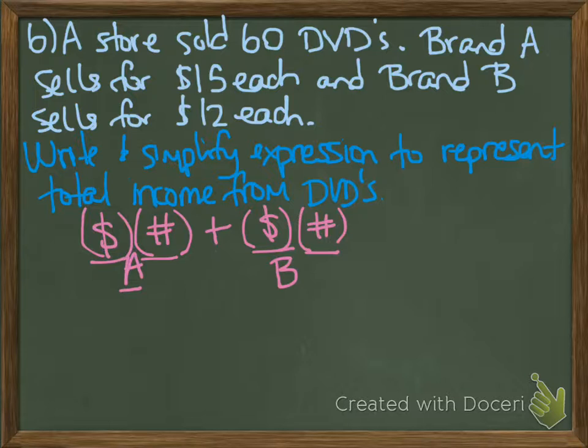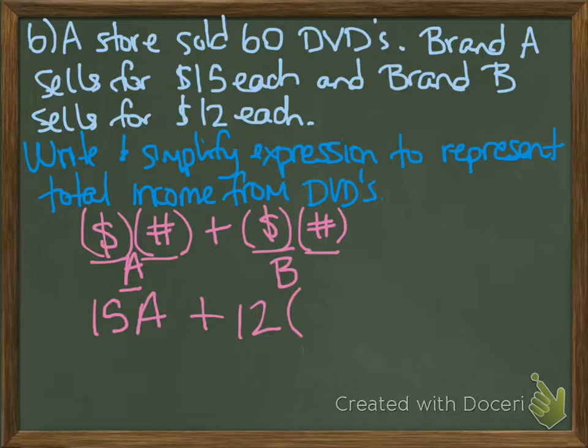Now the first part is fairly easy. The price of the brand A DVDs is $15, and the number that we're selling, well, we don't know, so we're going to let A represent the number of brand A DVDs that we're selling. And the price of our brand B DVDs is $12, but now how many of those are we selling?